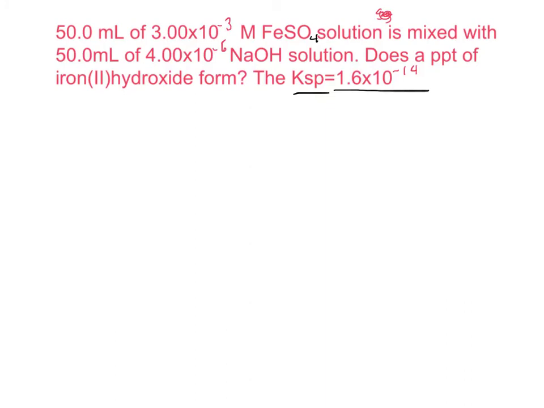I'm going to keep these in millimoles since I have milliliters. So moles equals molarity times liters. My molarity is 3.0 times 10 to the negative 3 times 50 milliliters. I know I'm not keeping my significant figures in here; I'll put them back later. It's going to equal 0.15 millimoles of my Fe2+ ion.